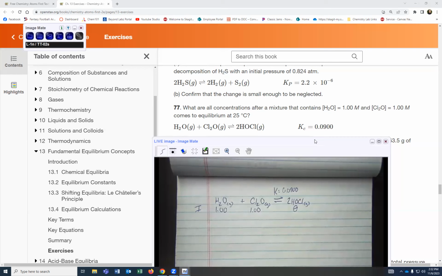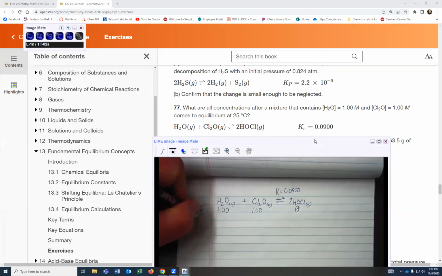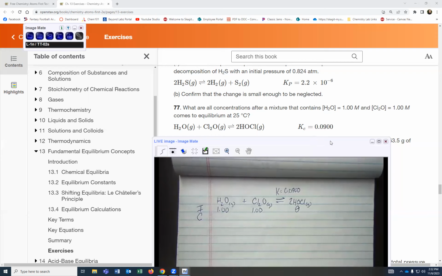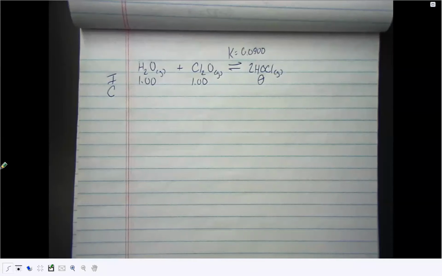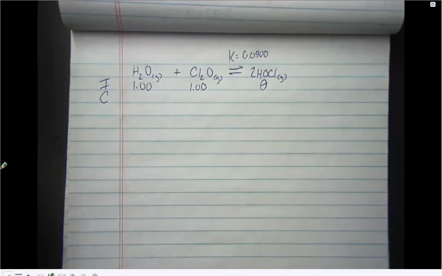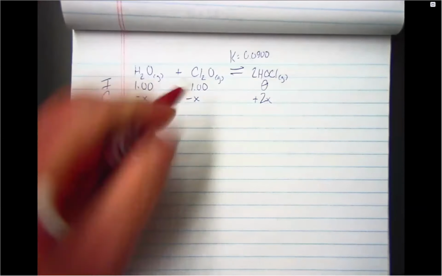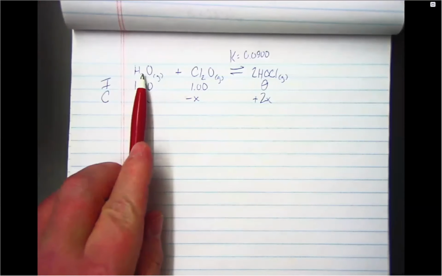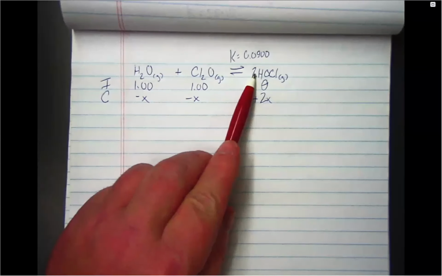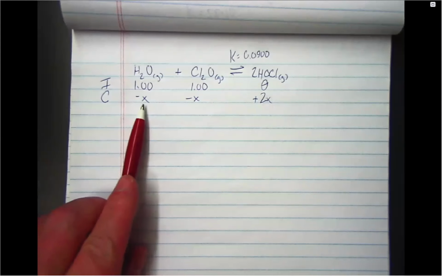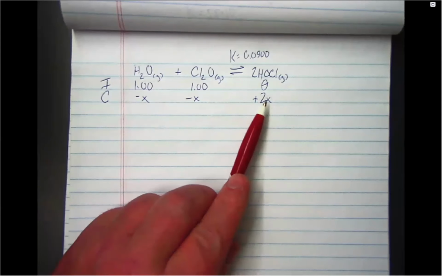What are our changes going to look like to get to equilibrium? Very good. Because for every 1 mole of this that we lose, we gain 2 moles of this. Whatever our change in molarity is here, this one has to be twice as big.